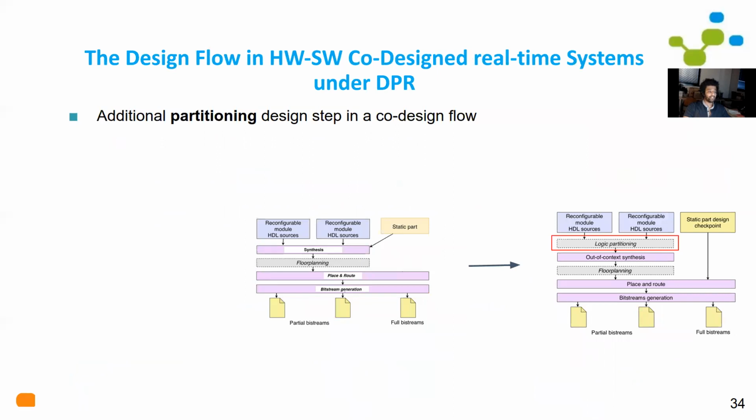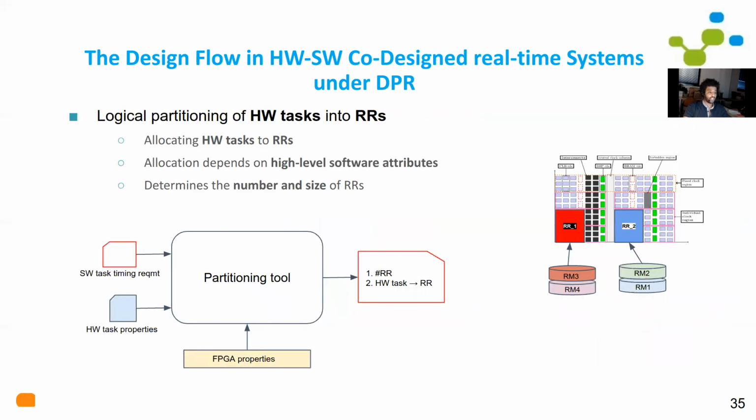The DPR flow by itself is very complicated, but when we use it in the context of hardware-software co-designed real-time systems, it becomes even more complicated because of additional design steps, namely logic partitioning. Logic partitioning means allocating hardware tasks into reconfigurable regions.